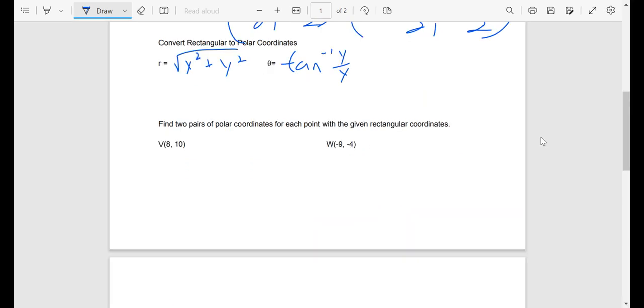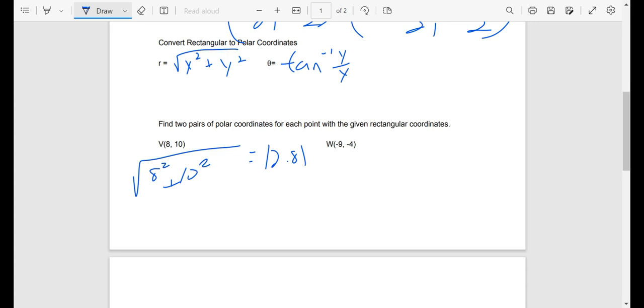Next, we got rectangular to polar. And here are your equations above. r equals square root of x squared plus y squared, and theta equals inverse tan of y over x. Let's do an example. We got point V, which is 8 comma 10. And that will get us approximately 12.81.